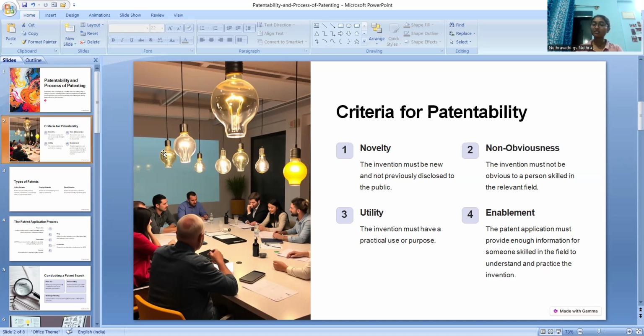And the non-obviousness: the invention must not be obvious to a person skilled in the relevant field. And the utility means the invention must have a practical use or purpose. Next, the enablement. The patent application must provide enough information for someone skilled in the field to understand and practice the invention. These are all the criteria for the patentability.